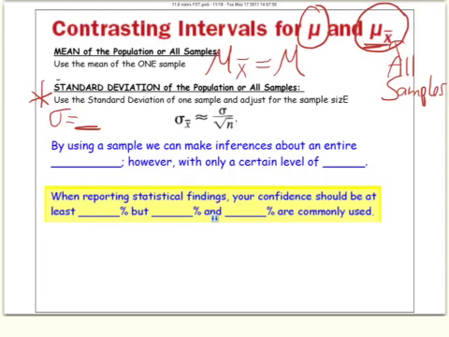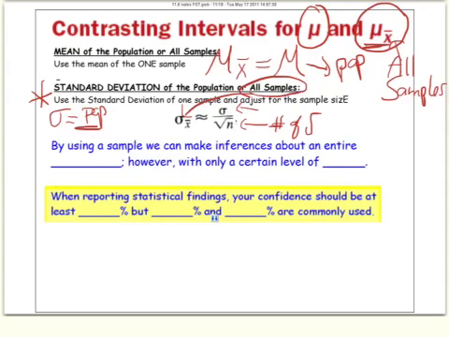So sigma is the standard deviation of the population, just as mu was for the population. Sigma x bar is the standard deviation for all the samples. And if they're using all the samples, all you would do is take the sigma value, which is what they're going to give you, and divide by the square root of the number of samples. This will make more sense once we do a number example.